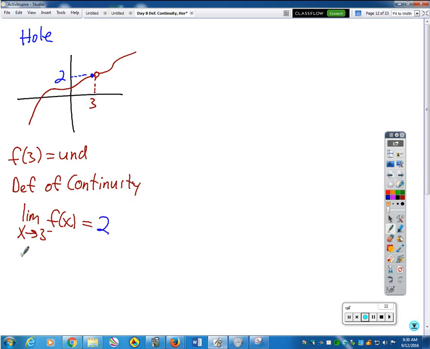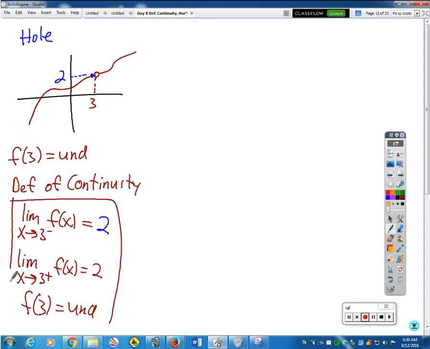And the limit from the right is also 2. However, the value of the function at 3, we don't know what it is. So because these 3 things are not all the same, the function is not considered to be continuous at 3.